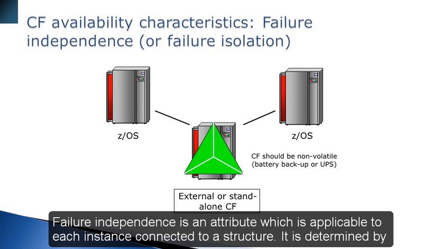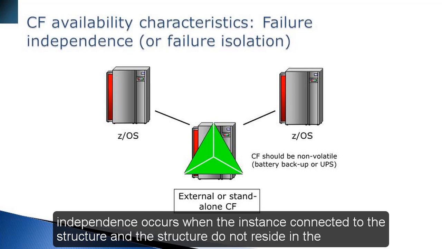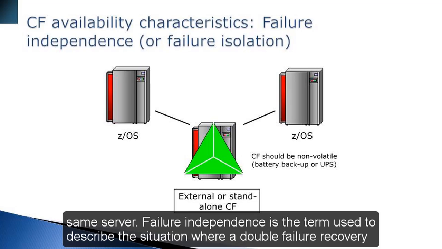Failure independence is an attribute which is applicable to each instance connected to a structure. It is determined by the location of the instance connected to a structure and the location of the structure. Simply stated, failure independence occurs when the instance connected to the structure and the structure do not reside in the same server.